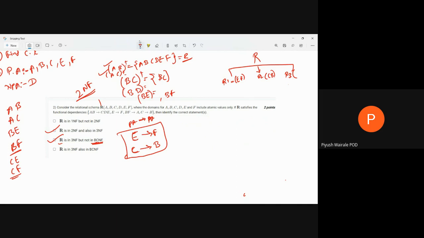What is the condition for lossless decomposition? In order to satisfy lossless decomposition, R1 union R2 union R3 must equal R, right? So all the attributes must be covered. C, B, E, F is already covered, right?